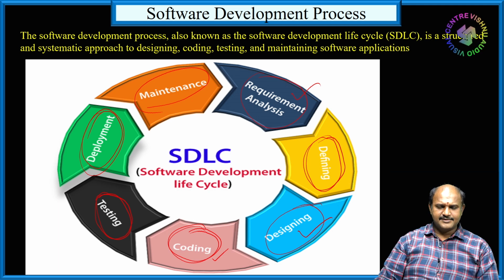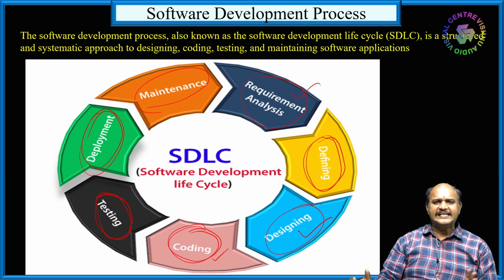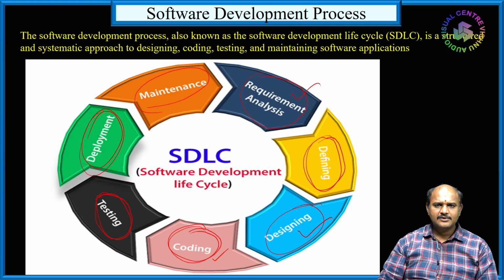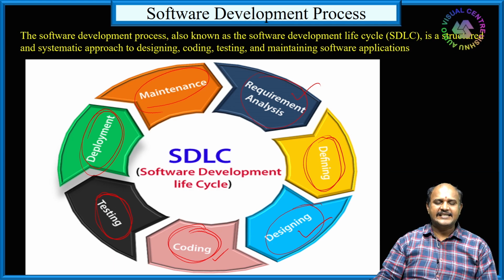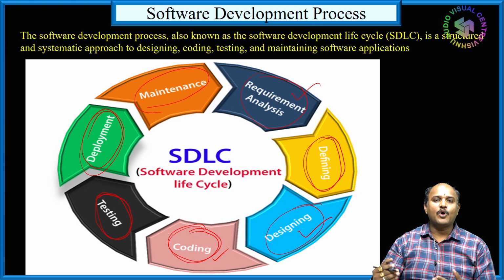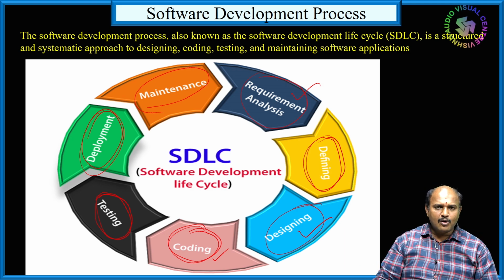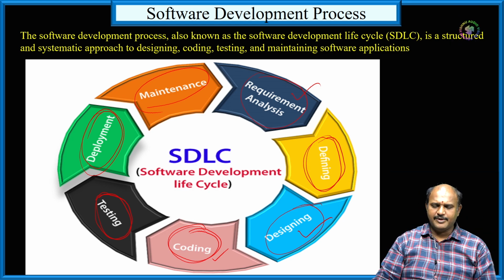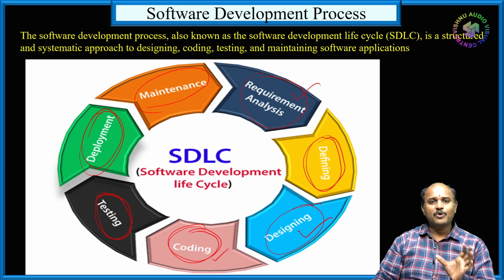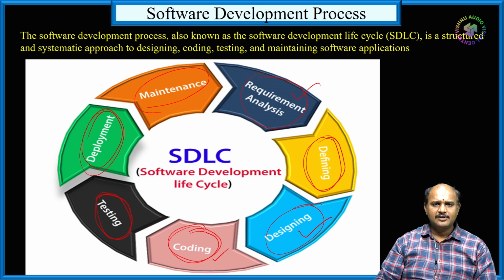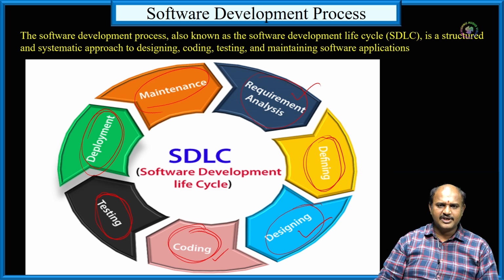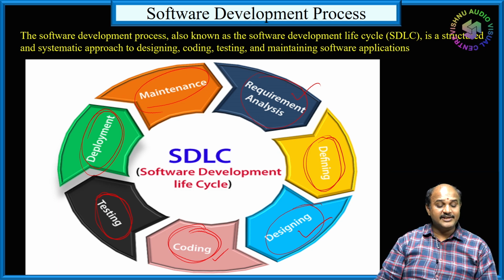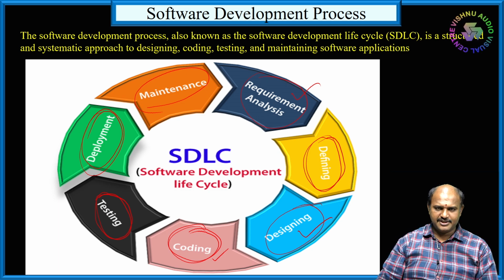All the applications will be integrated and we have to deploy them. That means we have to store these applications on the cloud, a data source, or a server, whatever it may be. You have to deploy it, so that all applications are in live mode. That is called deployment.